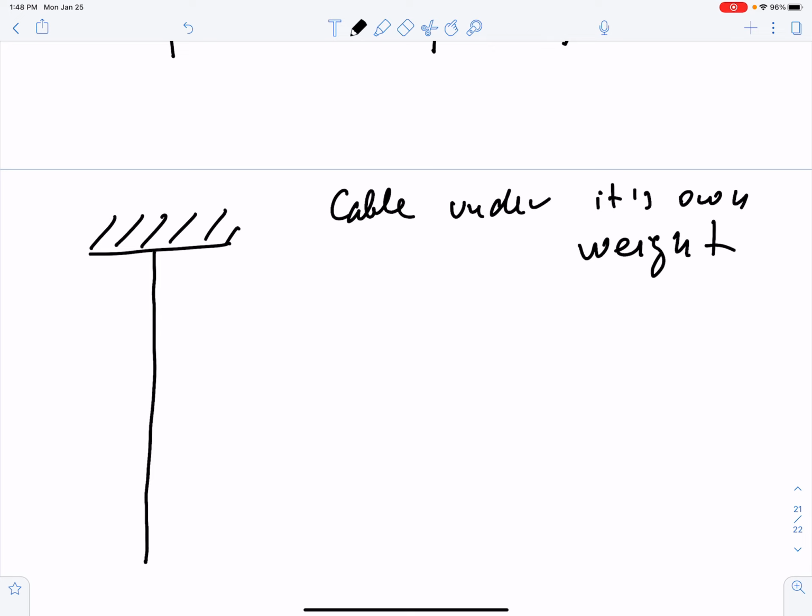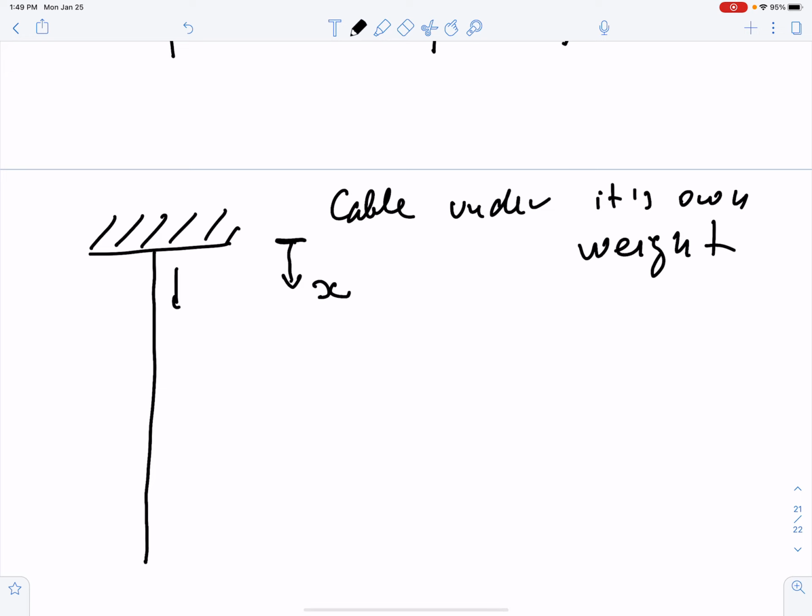Right. All right. So now let me develop my coordinate system. I'm going to start my x coordinate system as going this way, because I don't want to introduce other variables like y and write things in terms of y. So let x go along the length of the cable, oriented like this. Okay.